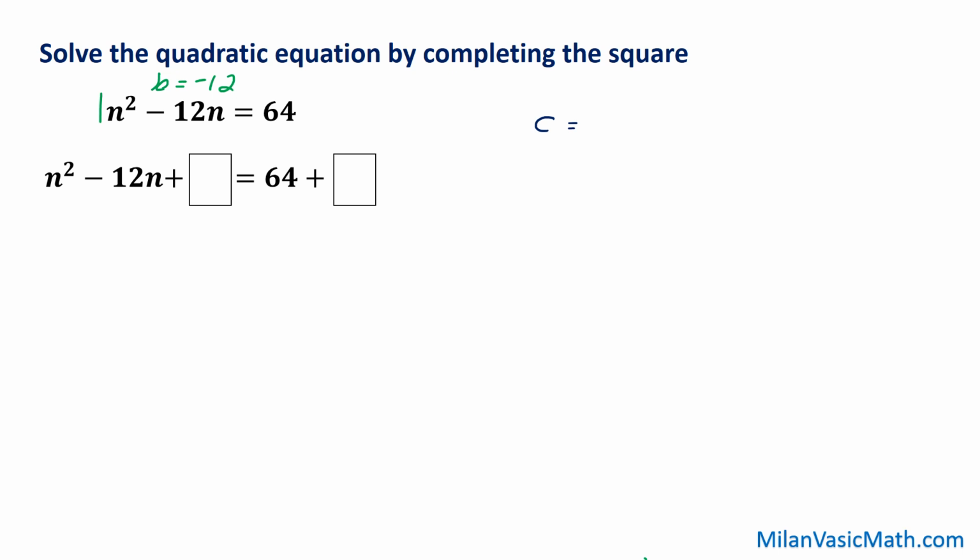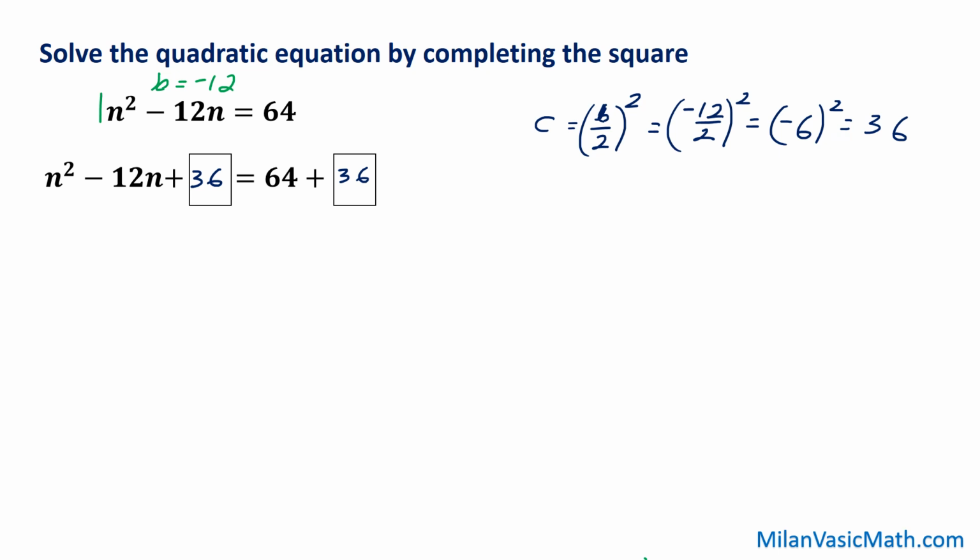All right, c is b divided by 2 squared, and negative 12 divided by 2, and then squared is negative 6 squared, which is 36. So I will have to add 36 to both sides. Okay, on the right side, 64 plus 36 gives us 100.